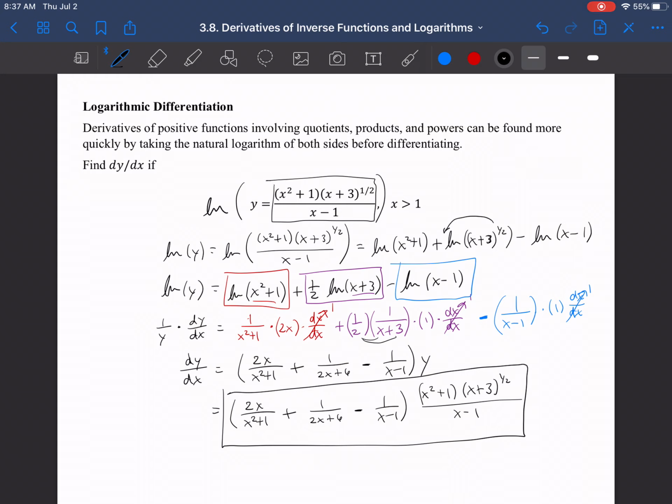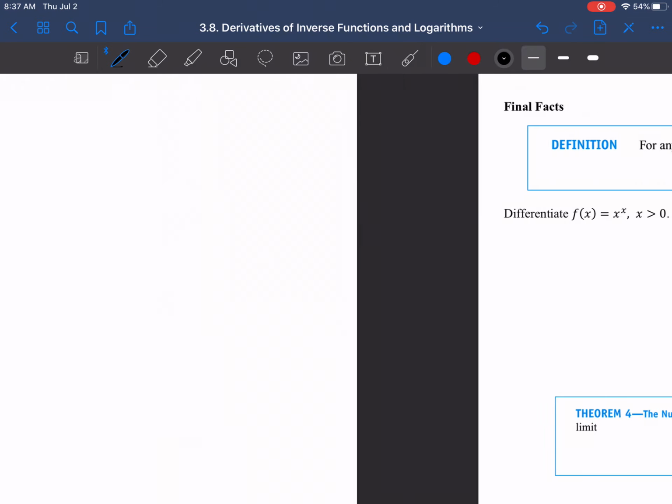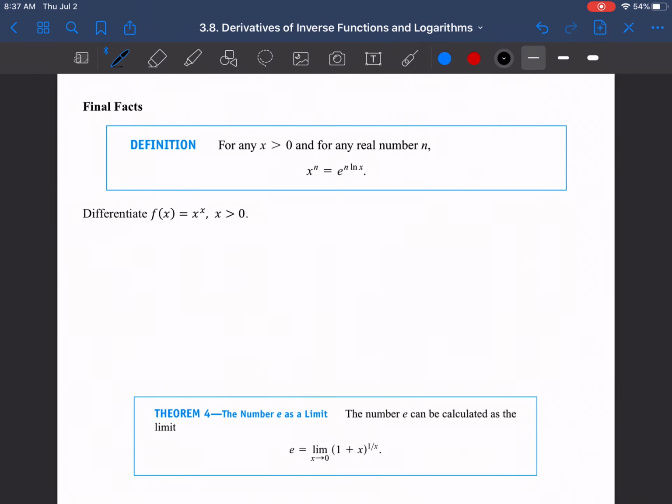All right? So after this, we just have a few little rules, just some final little things. For any x greater than 0, and for any real number n, x to the n equals e to the n times the natural log of x, okay?